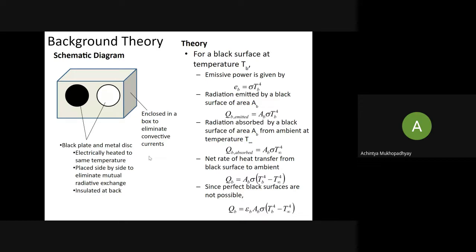But one of them is painted black, while the other one is covered with a shining metal foil. So there the only difference would be in the emissivity, because the black surface would be a perfectly radiating surface, so it would have the maximum possible radiation.